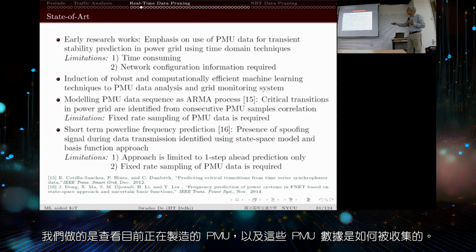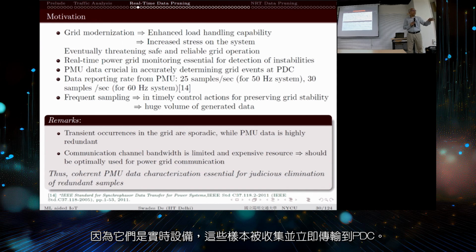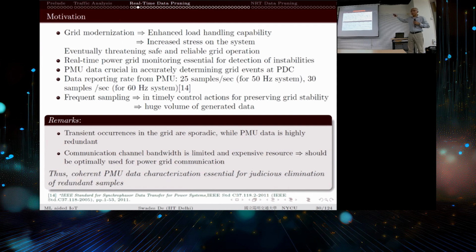What is currently done is that PMUs are manufactured and PMU data are collected, and because they are real-time devices, these samples are collected and instantaneously transmitted to the PDC.